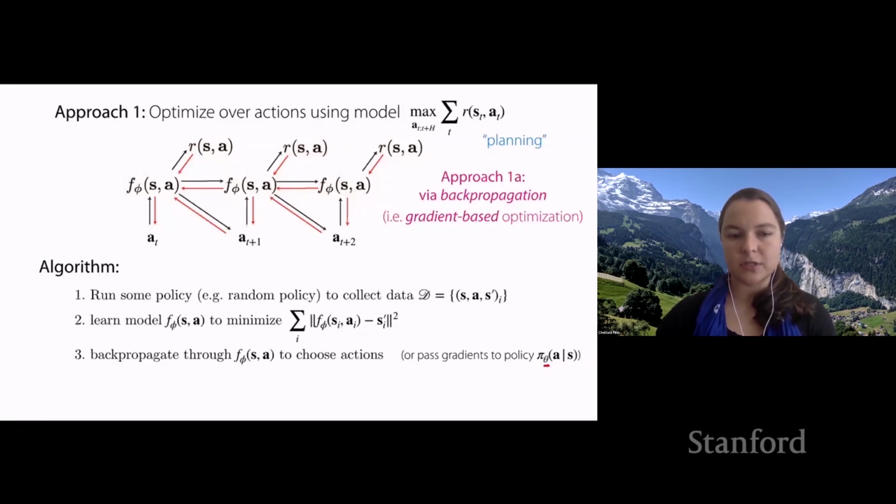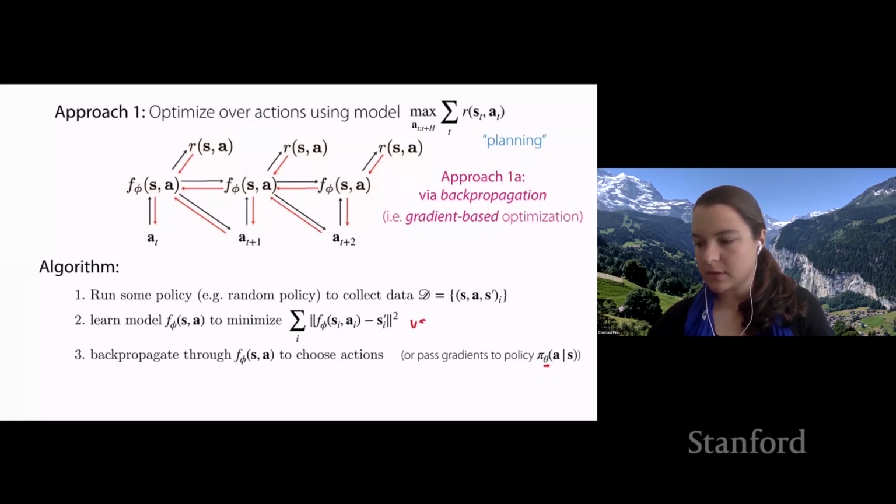Yeah, this is a good question. In this step, it depends on how you optimize, but you don't actually necessarily need data for this step. So for example, say you're just optimizing over a sequence of actions, A1 through AT.